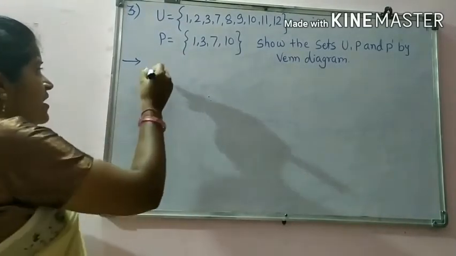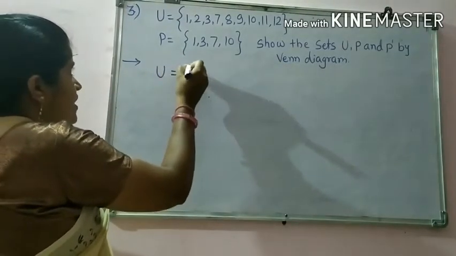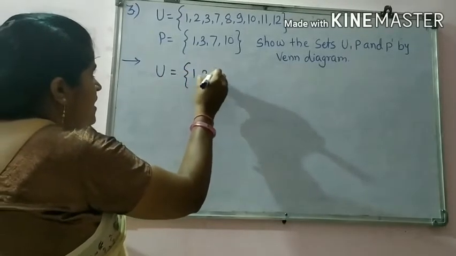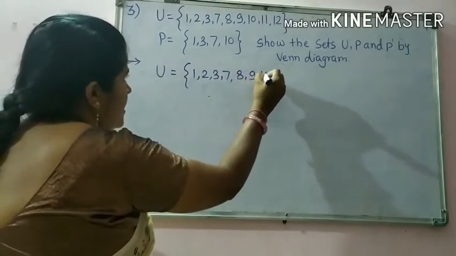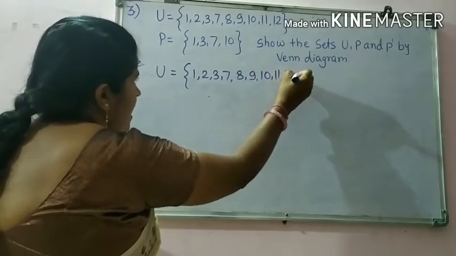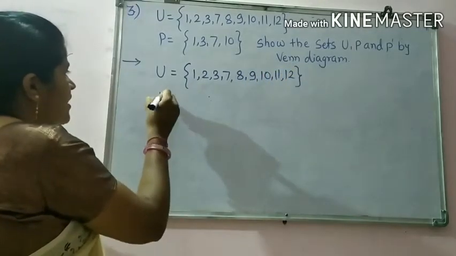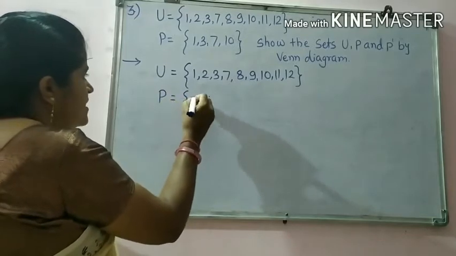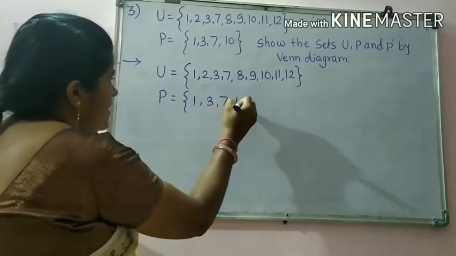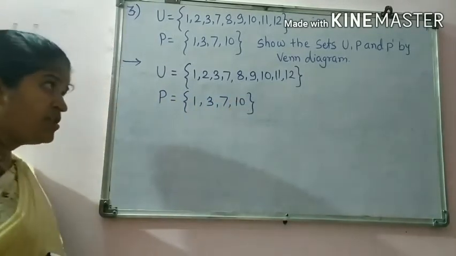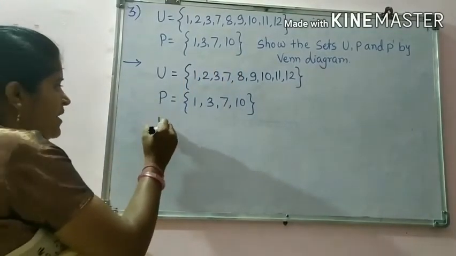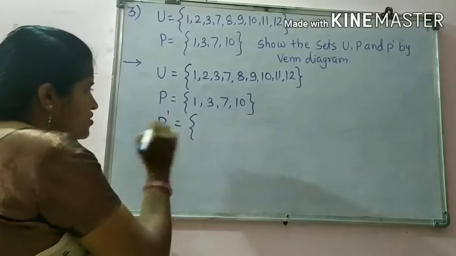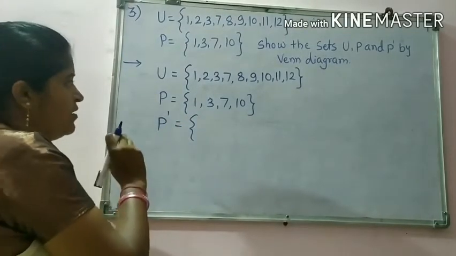Now see here, given U is equal to 1, 2, 3, 7, 8, 9, 10, 11 and 12. What are the elements of P? P is 1, 3, 7 and 10. Now we shall write the elements of the complement of this set P, that is P dash. So what are the elements of the complement of P?